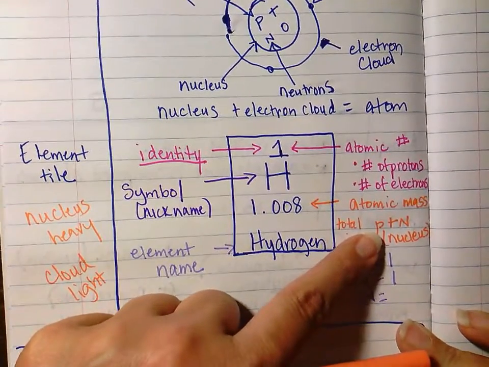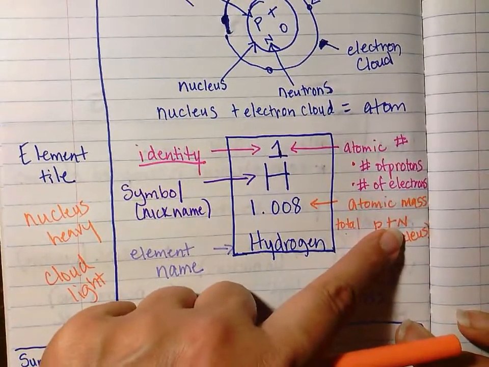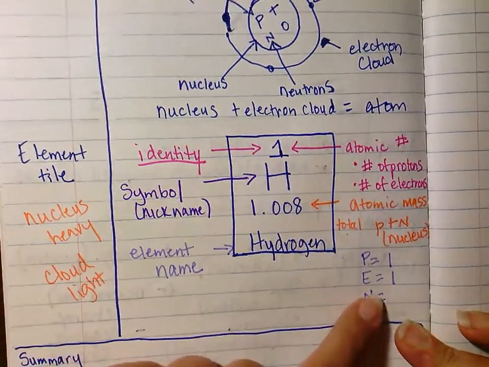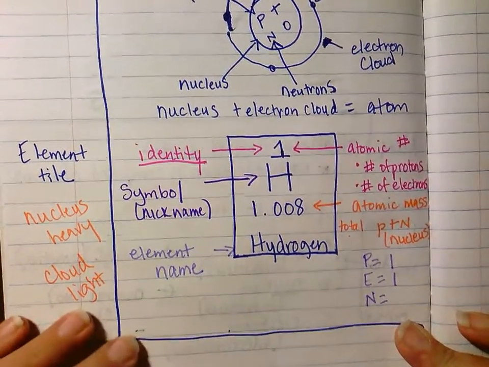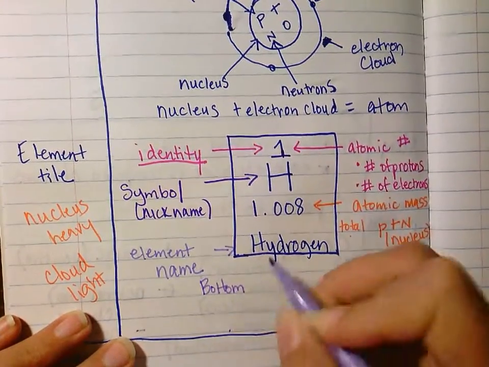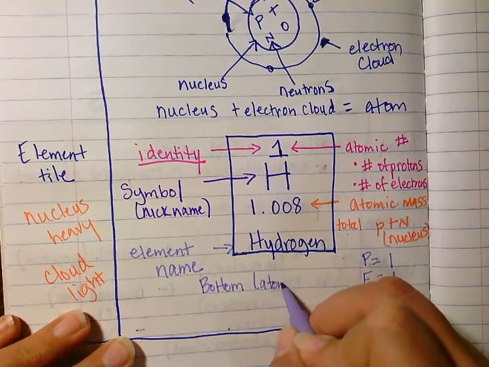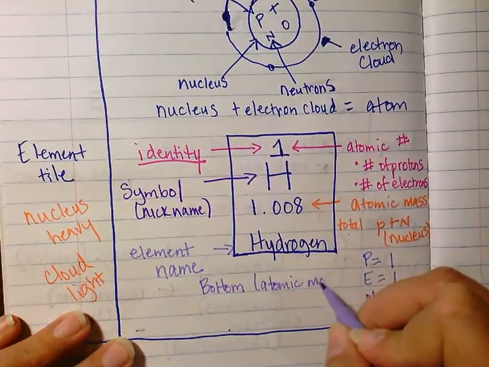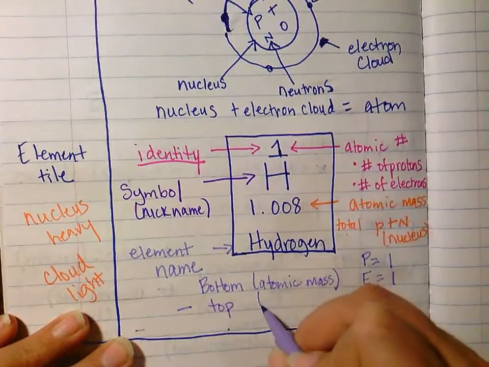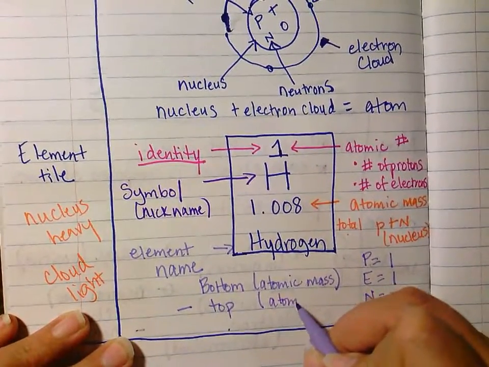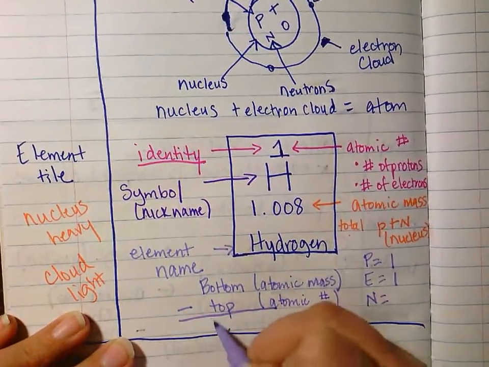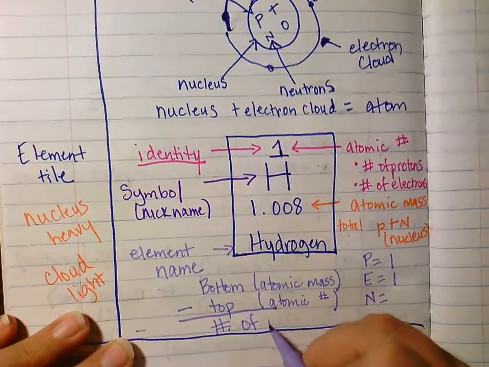Well, if this bottom number are the protons plus the neutrons, then we're going to take the bottom number, subtract the top number, and that should give us the number of neutrons. Okay? So we're going to take the bottom number, which is the atomic mass, minus the top number, which is the atomic number, and that will give you the number of neutrons.